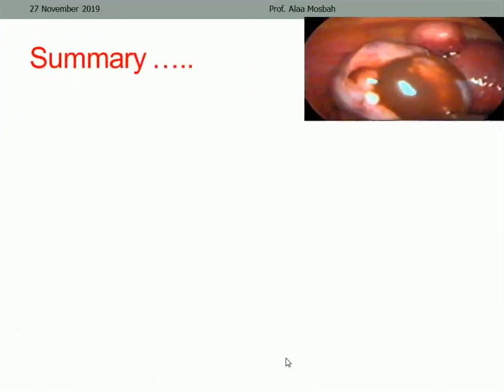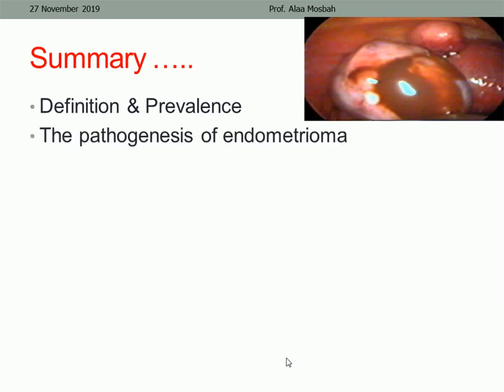In summary, we discussed today the definition and the prevalence, and we said many theories try to explain the occurrence of endometrioma, and we said that this is a cyst in the ovary containing altered blood, brownish in color, and causing severe pain, or presenting as a mass, or causing dyspareunia, or chronic pelvic pain, or dysmenorrhea.